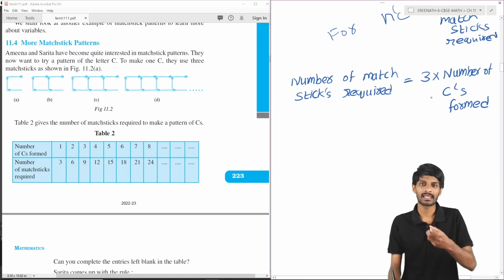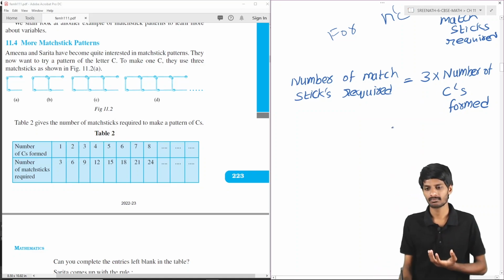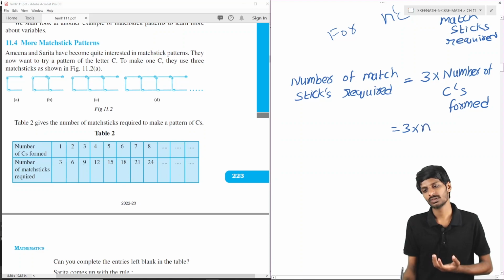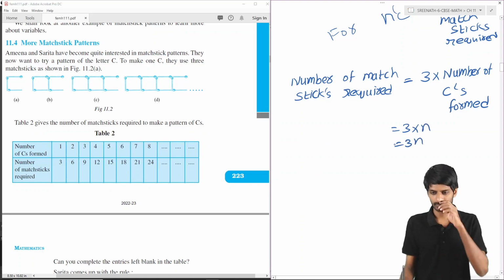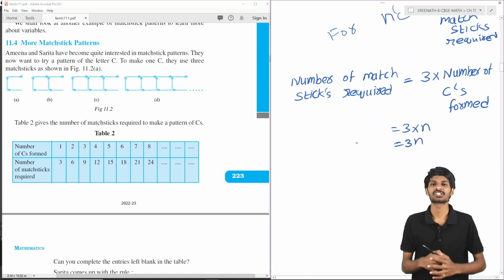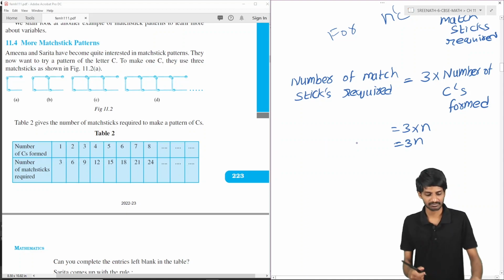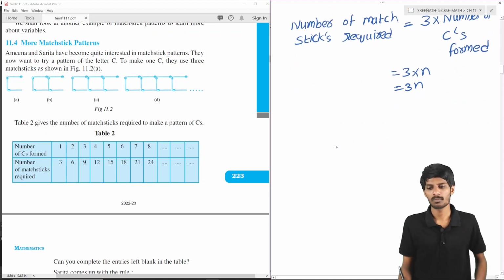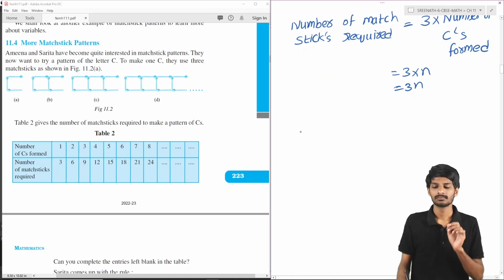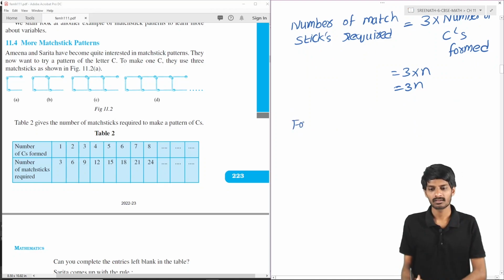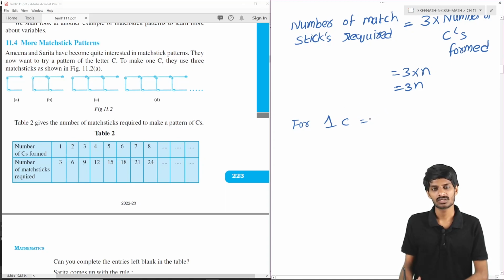If you represent the number of C's with a letter n, that is equal to 3 into n, that is 3n. The number of matchsticks required is 3n simply. So if you want it for a single C, what is the n value for a single C? Number of matchsticks required.